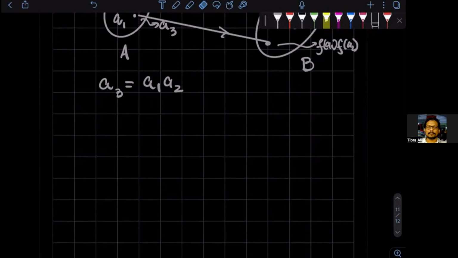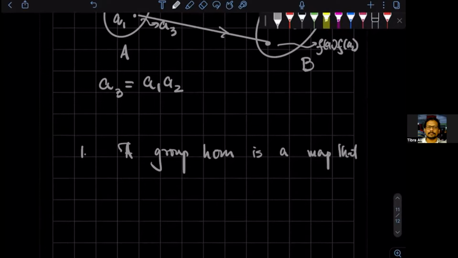So the idea is that a group homomorphism is a map that preserves the group structure.